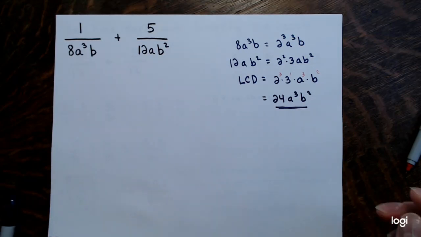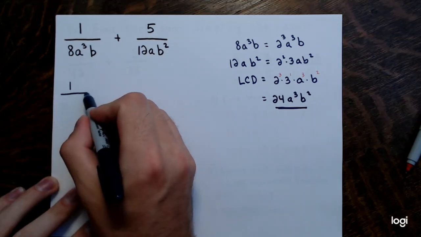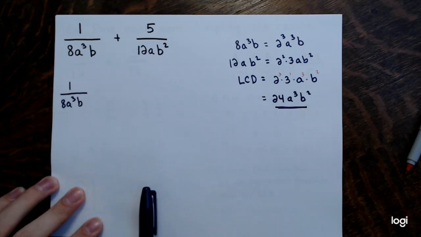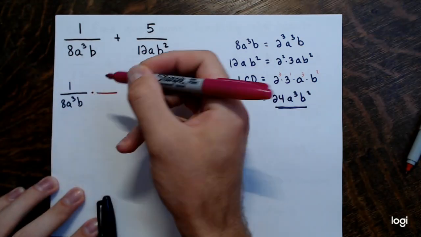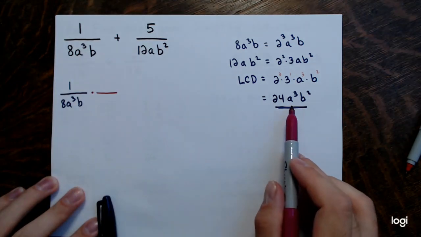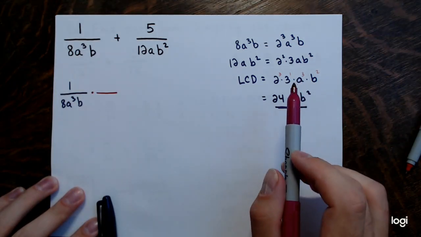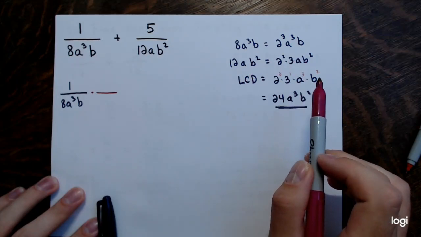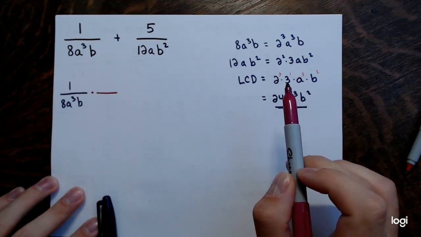Okay, so the first fraction, 1 over 8a cubed b. I am going to multiply the numerator and denominator by the same thing so that I get a denominator of 24a cubed b squared. And again, just look at the factors that are missing. This is 8a cubed b. Here's the LCD. They both got 2 cubed. This has a 3, that doesn't.